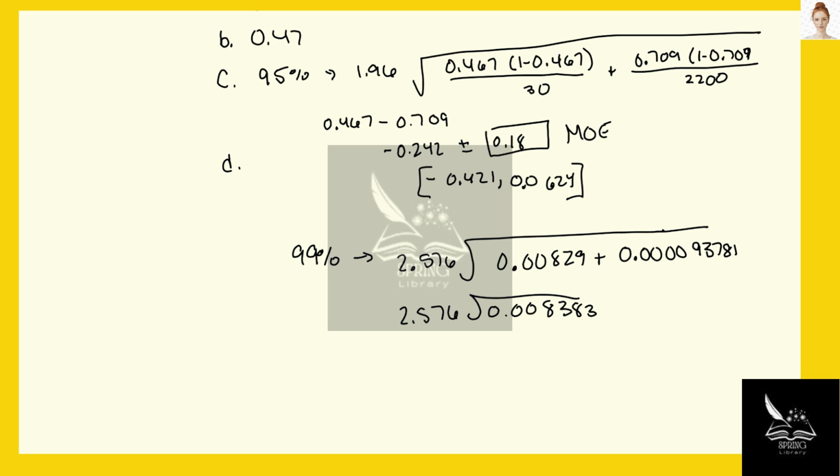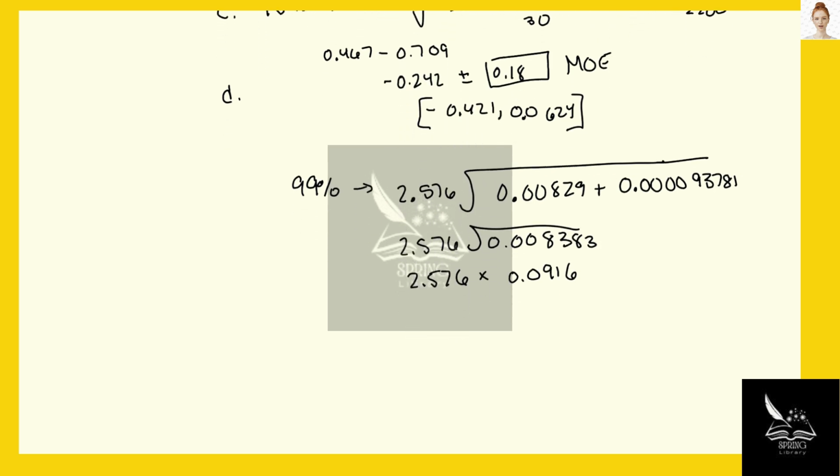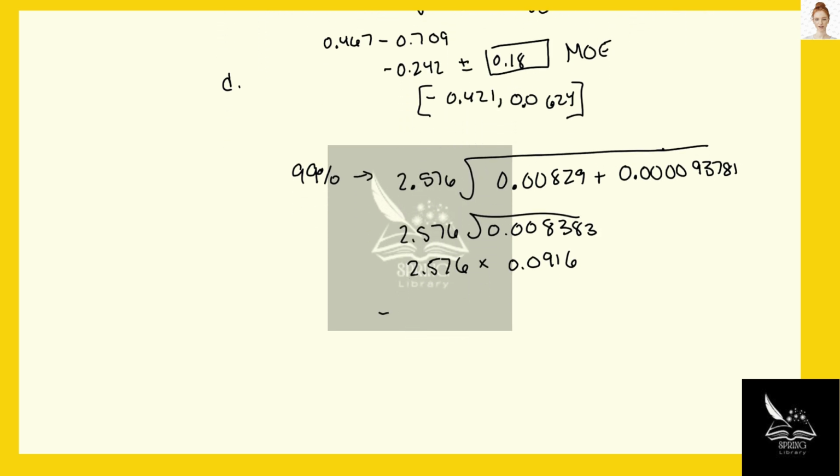So the square root of 0.008383 is 0.0916, times 2.576, and that gives 0.2358. So that is negative 0.242 plus or minus 0.2358.